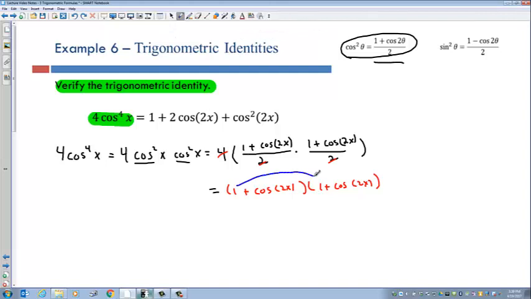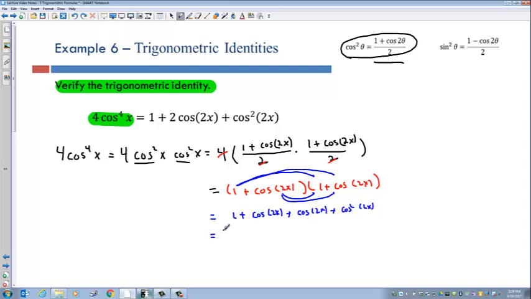So like 1 times 1, and then 1 times this is what? So you get a 1 plus a cosine of 2x. And then plus, you take cosine 2x times 1. So cosine of 2x. And then plus a cosine 2x times a cosine 2x is cosine squared of 2x.